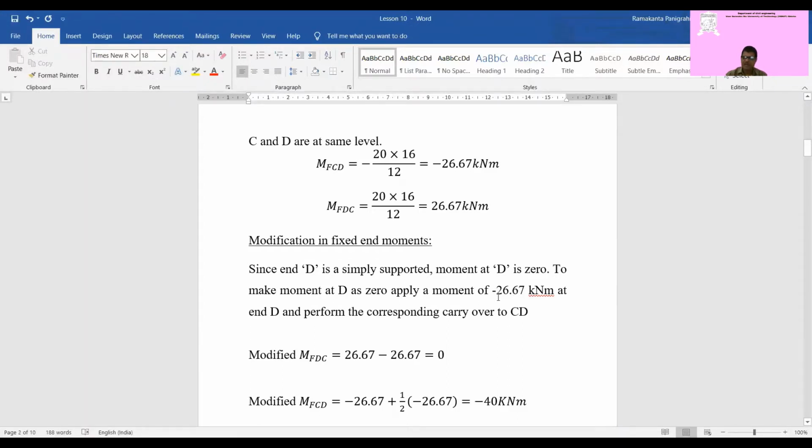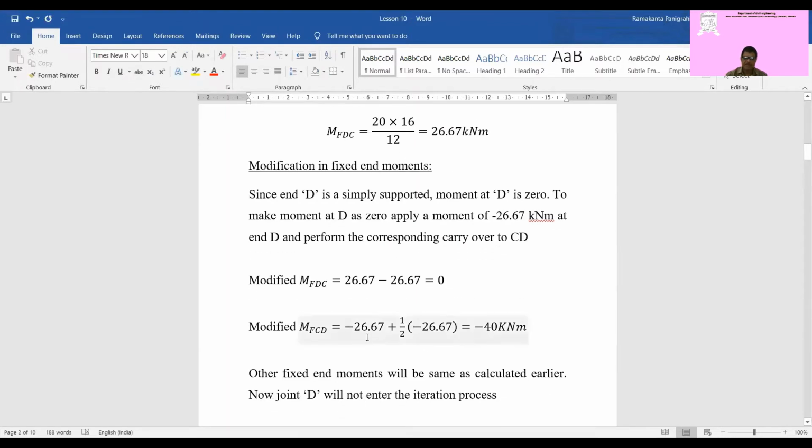Half of this moment will carry over to joint C of member CD. So in member CD, the moment was minus 26.67, then half of this will come here, so the final moment will be minus 40. Now this is minus 40, and end DC is equal to 0.